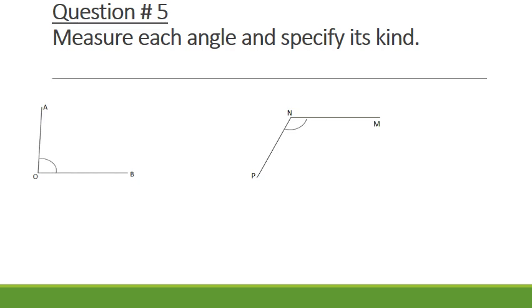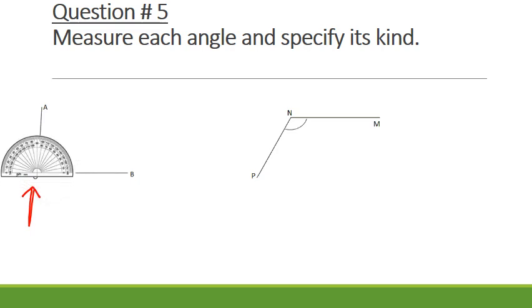Question number 5, I need to measure the following angles and specify their kind. First of all, as we know, I need to place the protractor. The center point of the protractor should be on the vertex, which is O, like this.